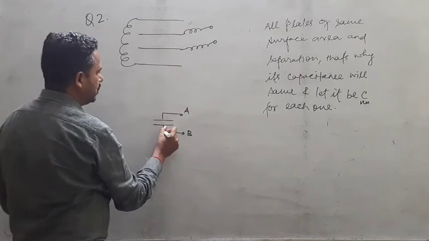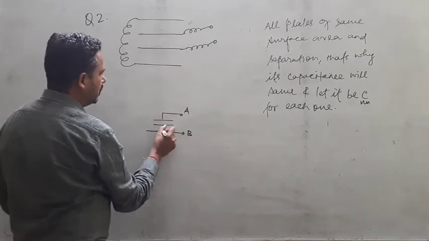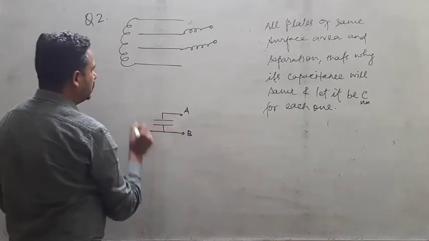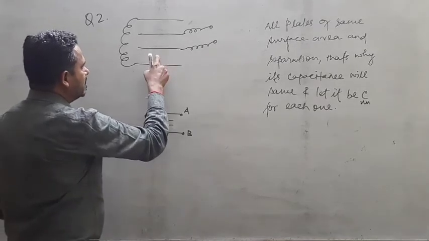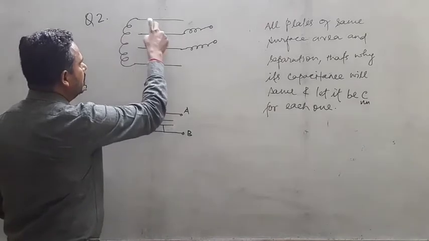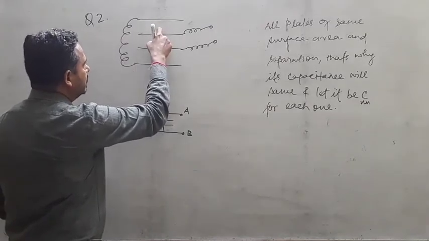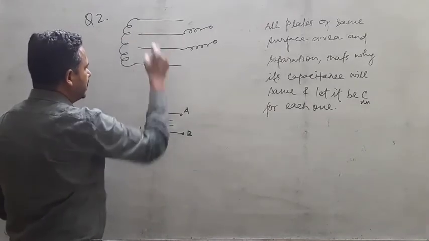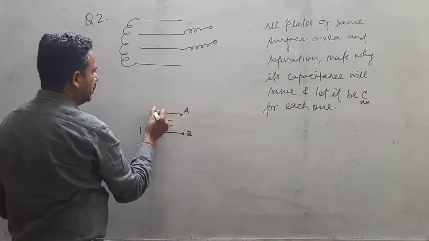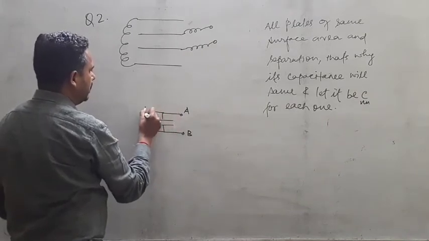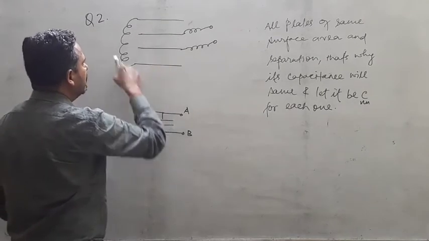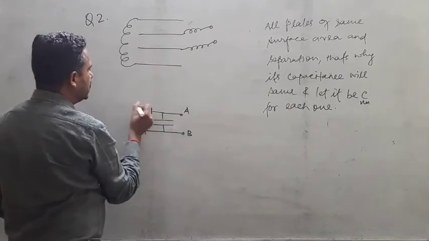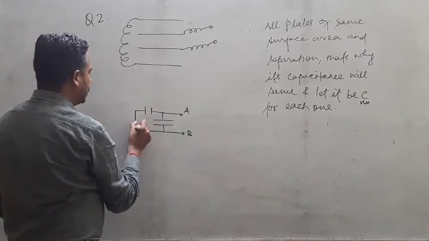So draw one more capacitor like that. From this capacitor's second plate we connect one more capacitor, which is connected from the first plate. So draw one more capacitor from here, and the second plate and this other second plate are both connected together.